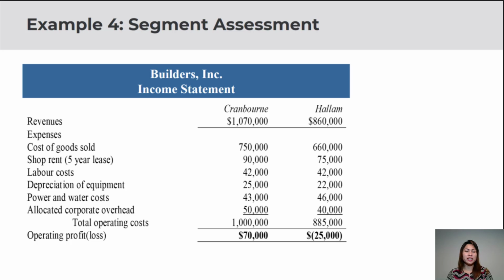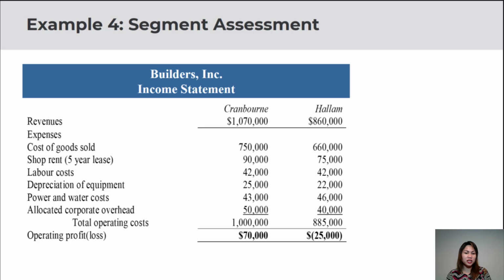Let's have a look at an example here. It is on segment assessment. Builders company has 2 branches in Cranbourne and Hallam. Revenues for Cranbourne is $1,070,000. Hallam is $160,000. If you look at the bottom line, Hallam is making a loss of $25,000.